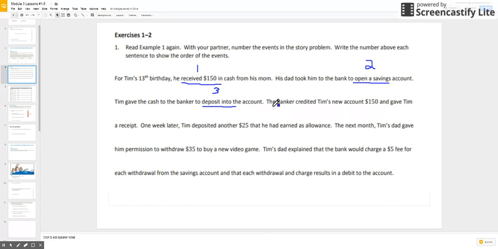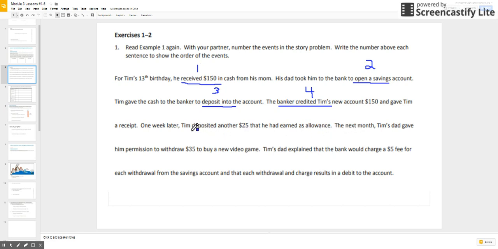If we keep going, the banker credited Tim's new account $150 and gave Tim a receipt. So we have another thing going on. The banker credited Tim's account. So that's event number 4. We keep reading. It says 1 week later, Tim deposited another $25 that he had earned as allowance.